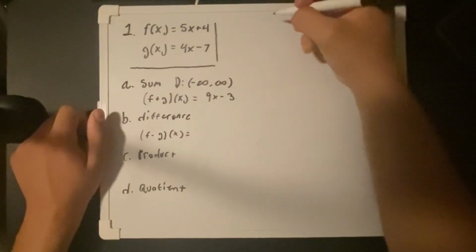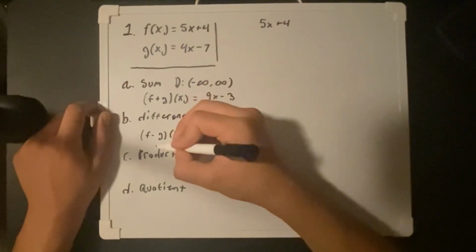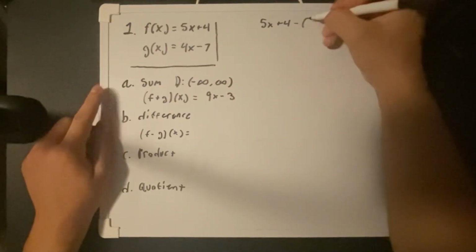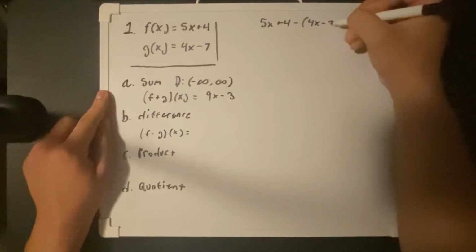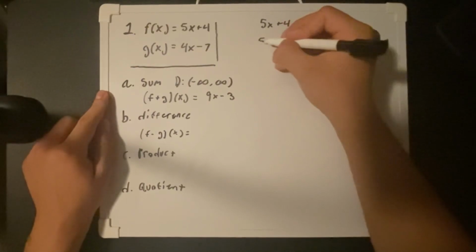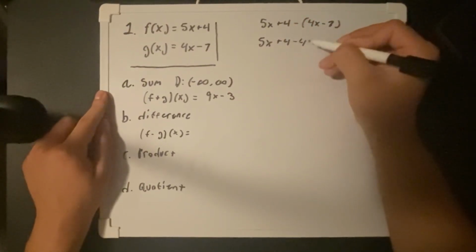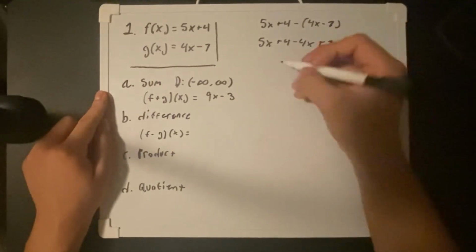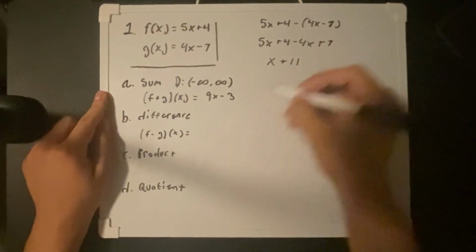So let's get started. 5x plus 4, and since we're subtracting by g of x, we must include it in parentheses to manipulate our answer into getting the correct one. So then we simplify. This becomes negative 4x, and this becomes positive 7. Then we simplify, we get x plus 11, which is our answer.